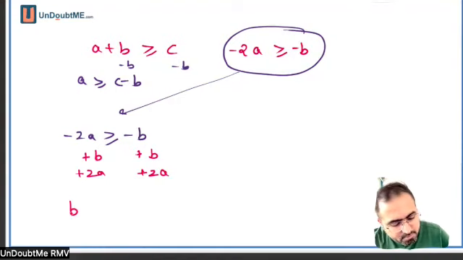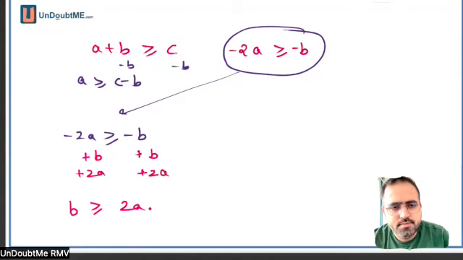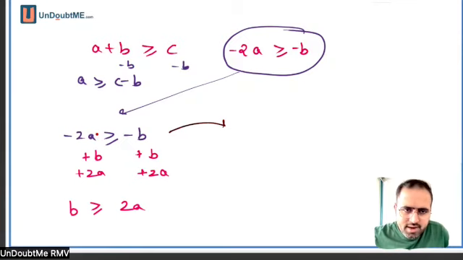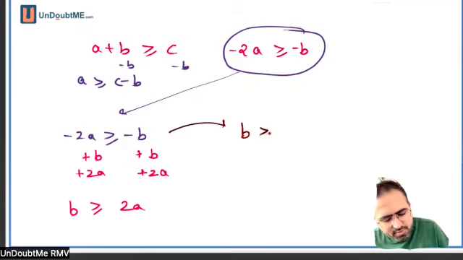I will get b on the left hand side, that is greater than or equal to 2a. Can you understand what I did? In your language, I just sent negative 2a to the other side and negative b to the other side. So automatically it will become positive b greater than or equal to 2a.